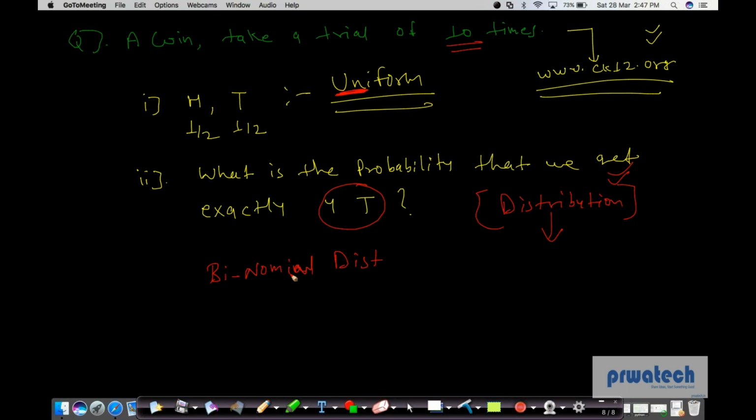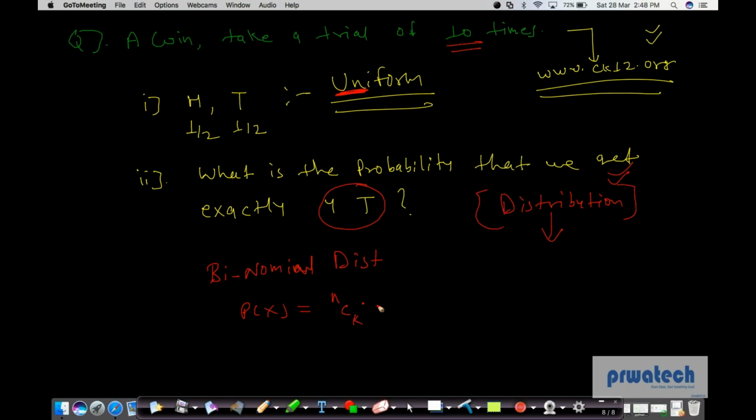Immediately when I get to know that this is a binomial distribution, I think, okay, I need to know the formula of binomial, which is P(X = k) = n choose k, where n is the number of trials and k is the number of tails which I'm getting. This is my success, only for tail, and this formula is coming from combinatorics, permutations and combinations, right?